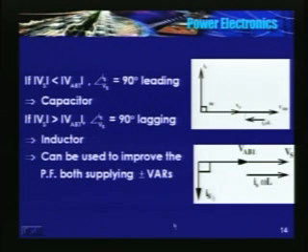So in this vector diagram, the magnitude of Vs is less than the magnitude of VAB. Therefore the voltage drop across the inductor should be in this direction. The difference between Vs and VAB should be Is into omega L. If this is the voltage drop across the inductor, the current should lag this vector by 90 degrees, so the current vector will be in this direction.